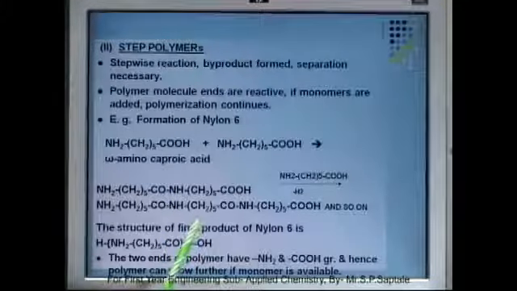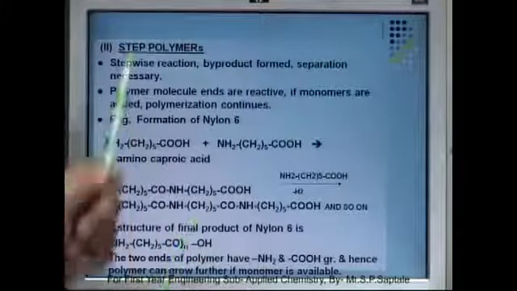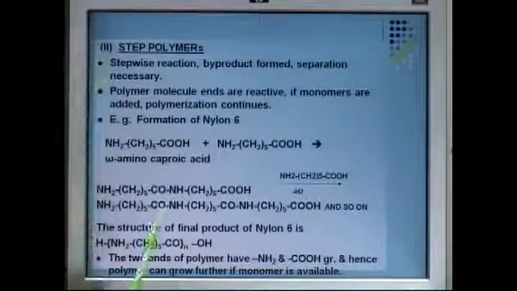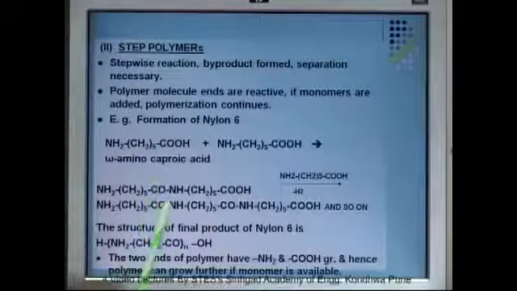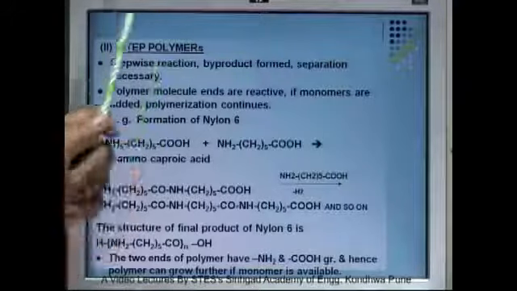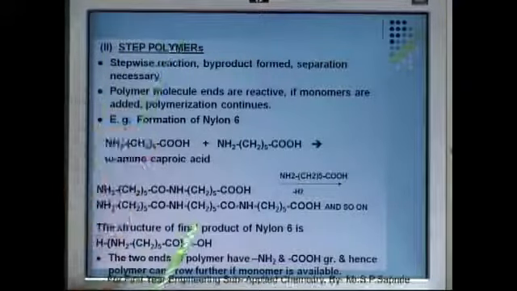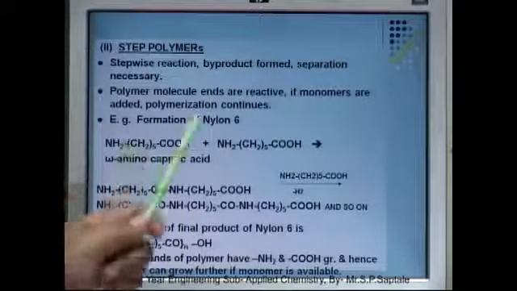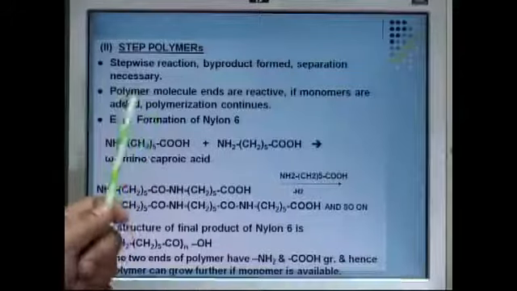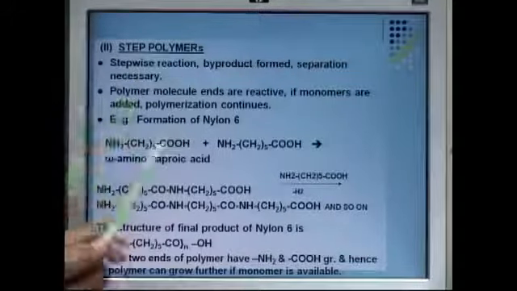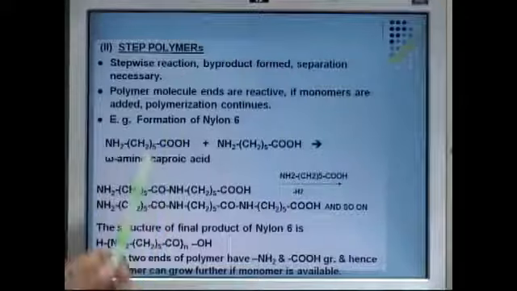Now in the first one, we discussed chain or addition polymerization. This is called step or condensation polymerization. Here each step involves some kind of condensation reaction. It is stepwise and a byproduct is formed.